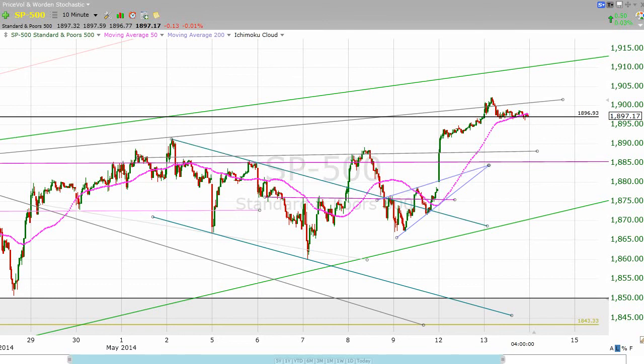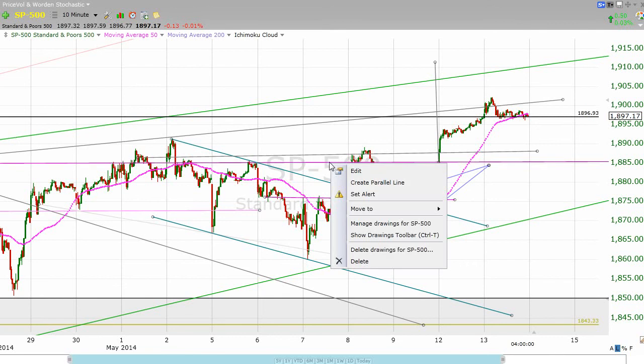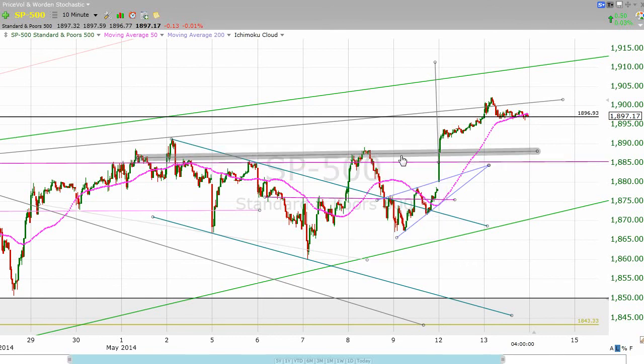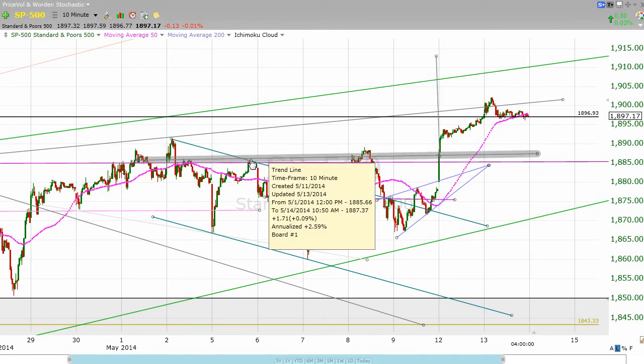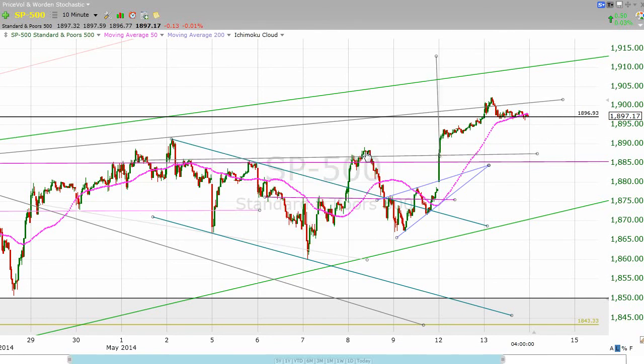And if that is the case, then with this breakout that took place yesterday, and I'm going with something that averages this peak and this peak right here, you can see that from this pattern we would expect a move to about 1913. So let's see how that pans out.